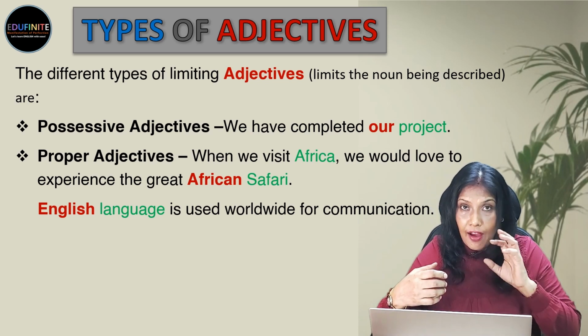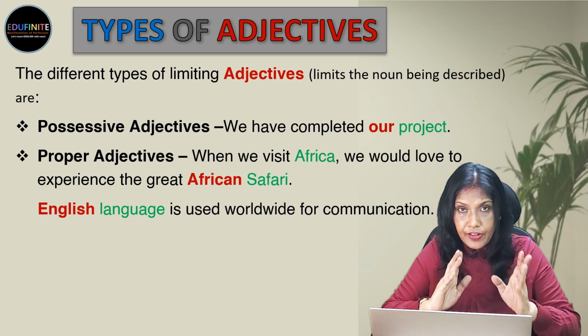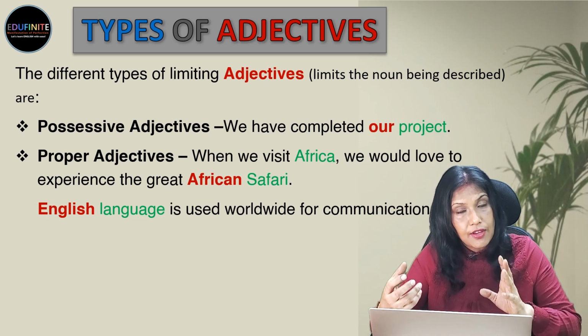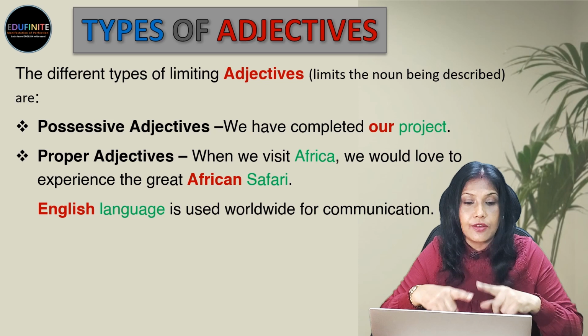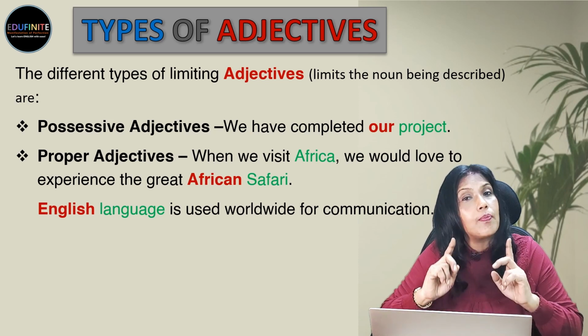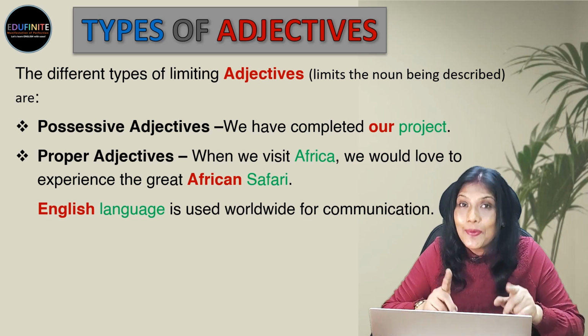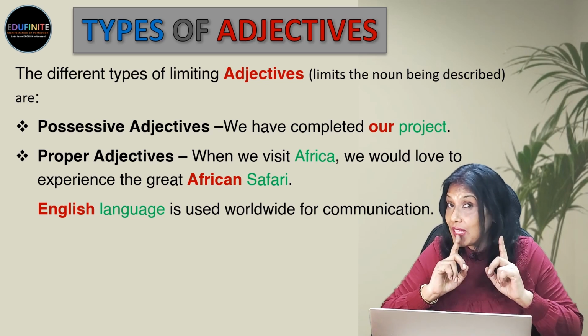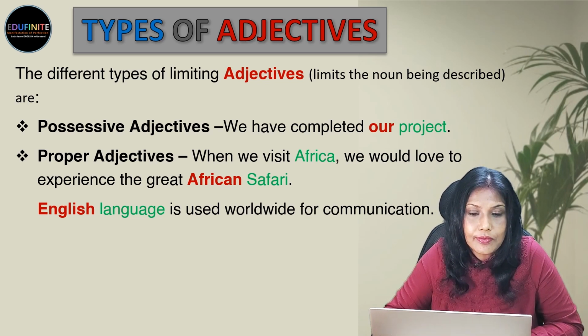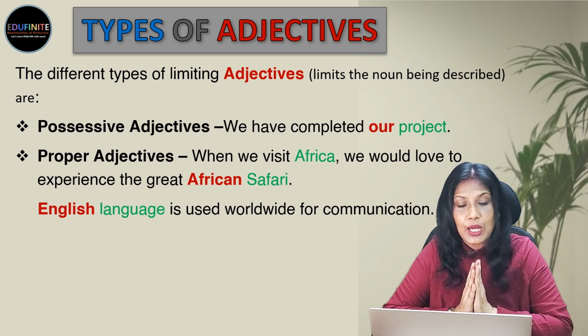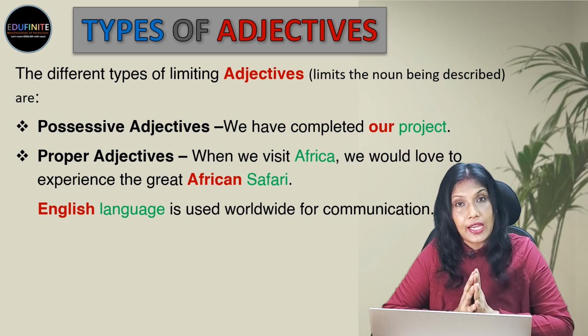African safari. The word African is telling us more about the noun safari, hence that is an adjective. And since that is derived from the proper noun Africa, that is the proper adjective, and it begins with the capital letter. The next sentence, English language is used worldwide for communication.